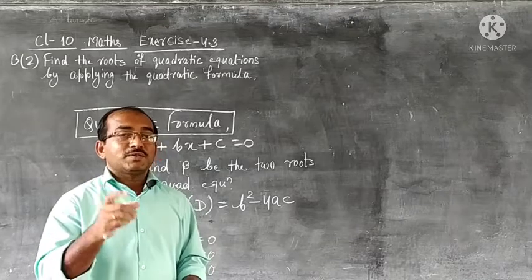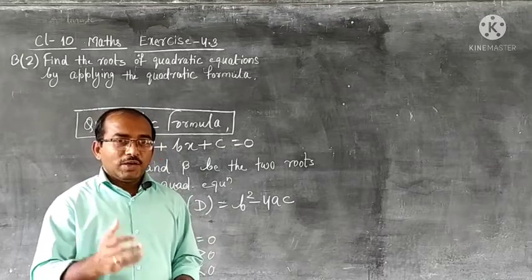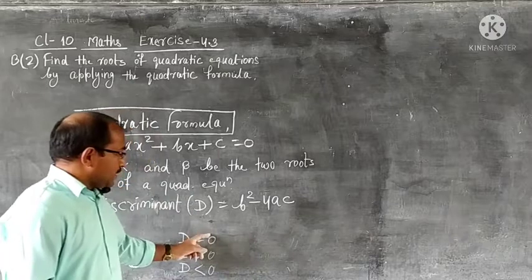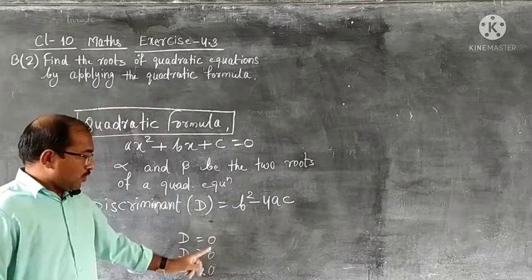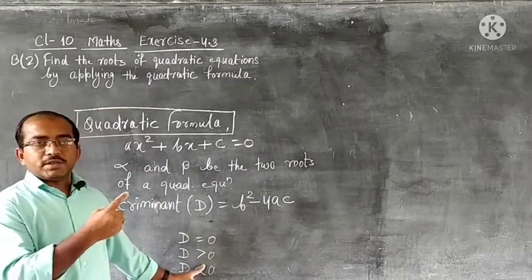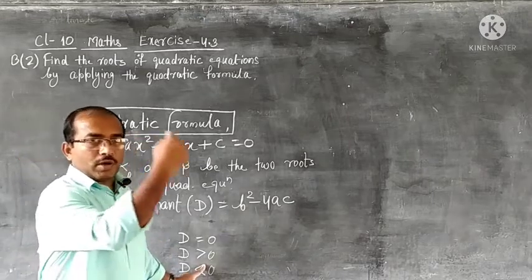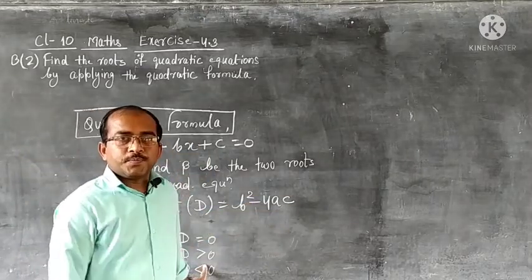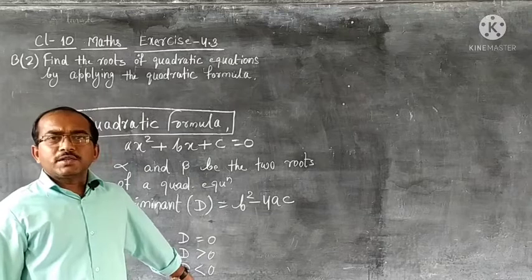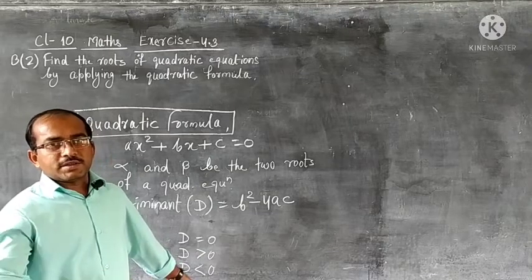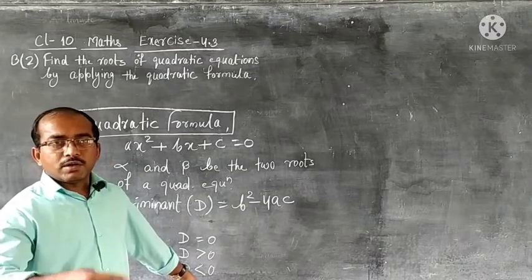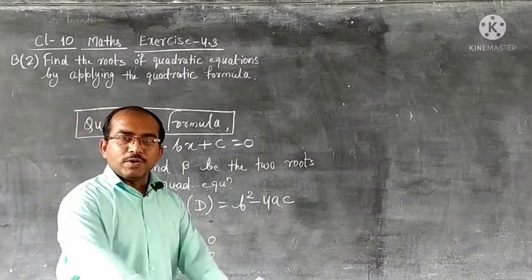So, the discriminant is very useful. When the discriminant is 0 or greater than 0, we will proceed to find the roots. And if we see the discriminant is negative, we will just write the statement that the quadratic equation has no real roots, and we will close the work.